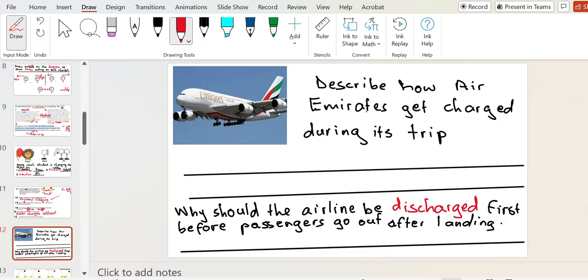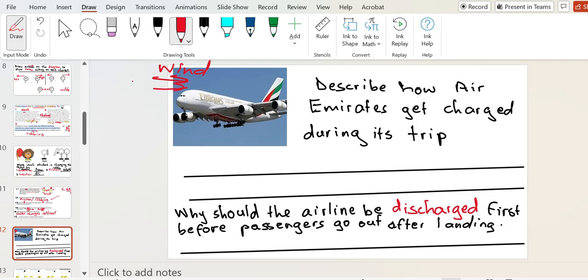Describe how the Emirates aeroplane gets charged during its trip. Look, the flight is rubbing against wind or air. So there is rubbing between the aeroplane and the air.